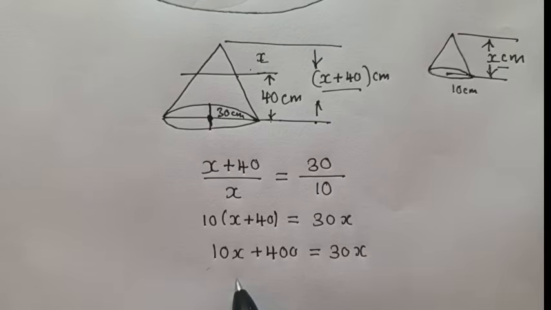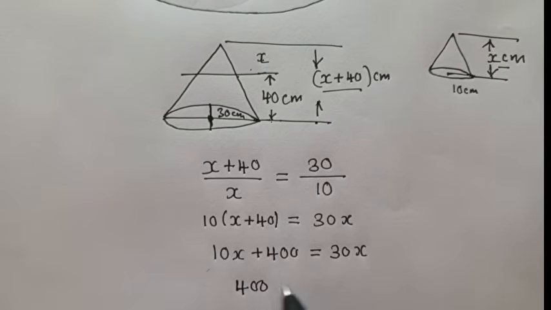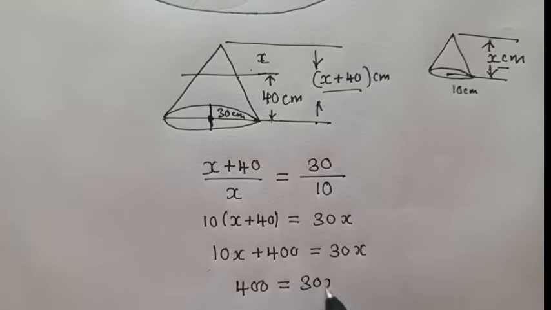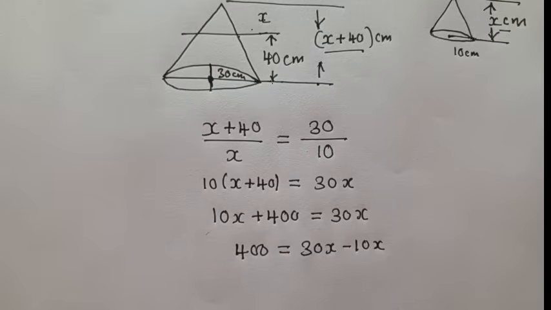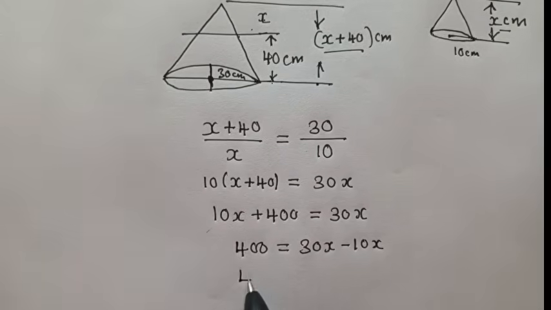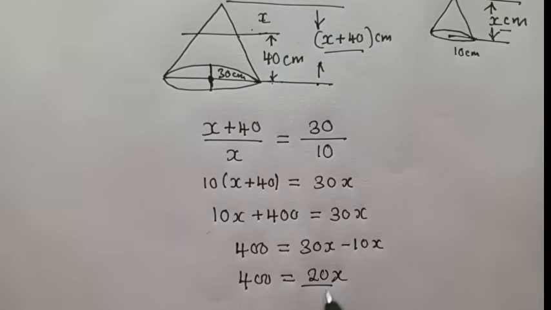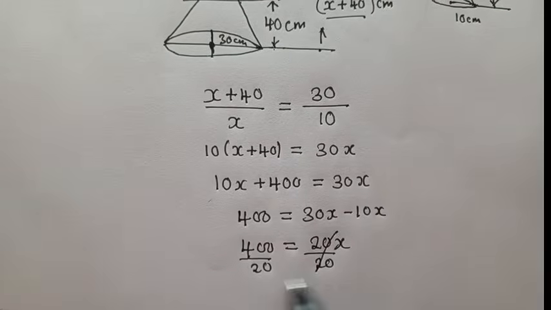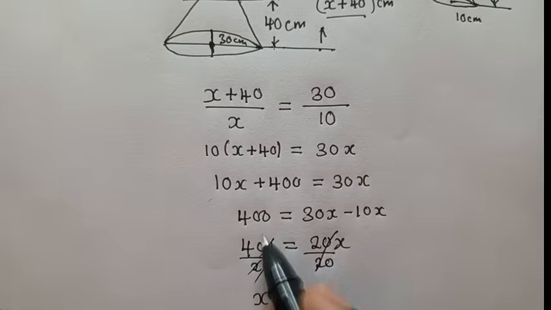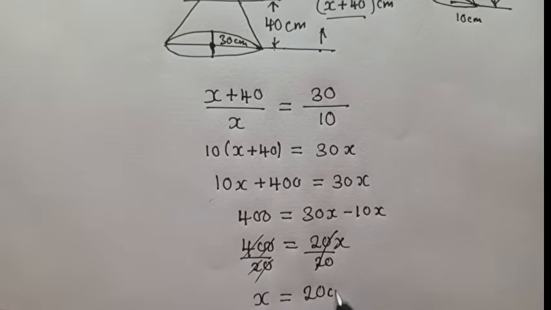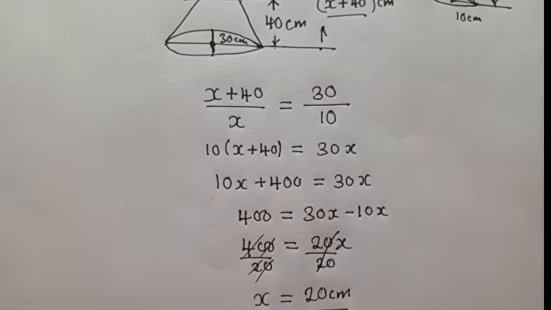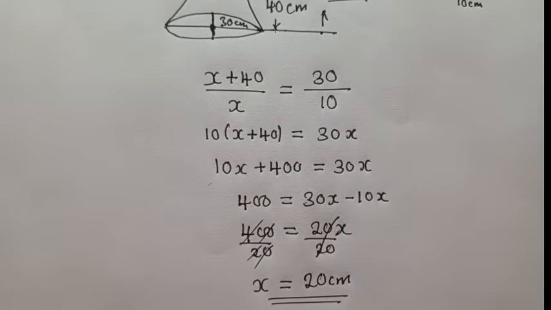We group the like terms: 400 is equal to 30x minus 10x, which gives us 20x. To solve for x, we divide by 20 on both sides, and x is equal to 20 centimeters.